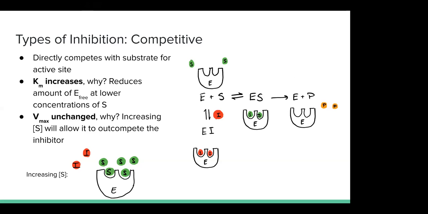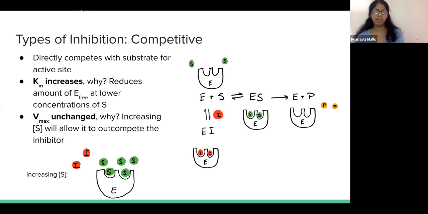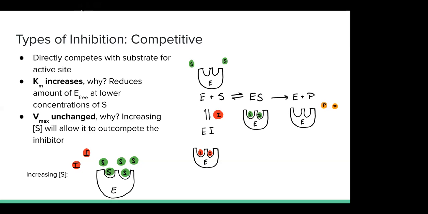So Km is actually considered an inherent value. So for a particular enzyme with a particular substrate, you have a particular Km. If you're adding on an inhibitor, such as a competitive inhibitor, your experimentally measured Km is going to change, but your inherent Km doesn't.